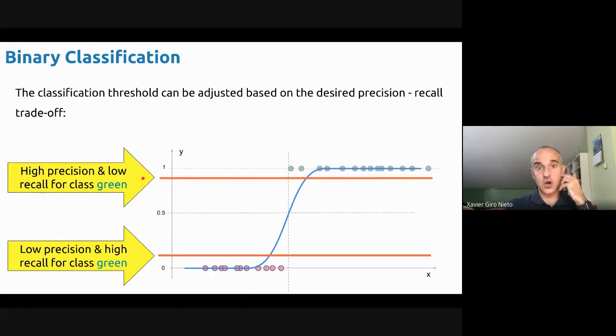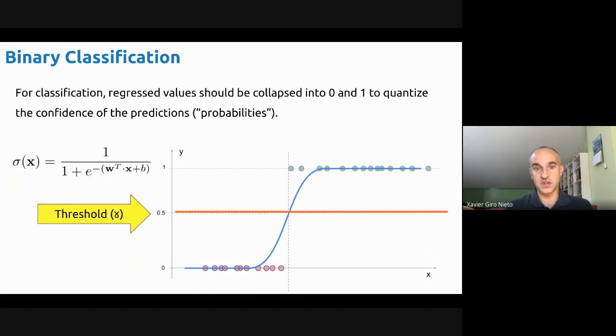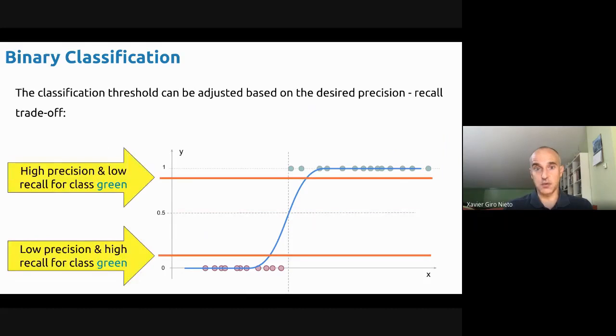I said that we can set the threshold to 0.5, but actually that's a convention. It's totally up to you. The decision threshold can be 0.5, but it can be whatever value you want. Just take into account that if you set a higher threshold, your precision metric will increase.